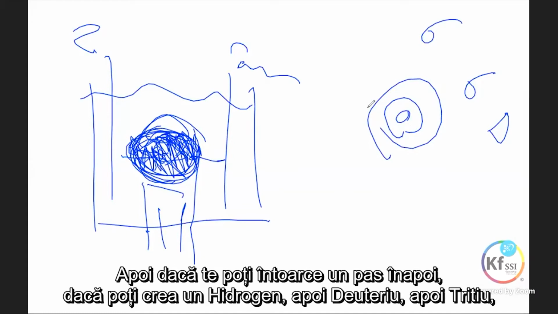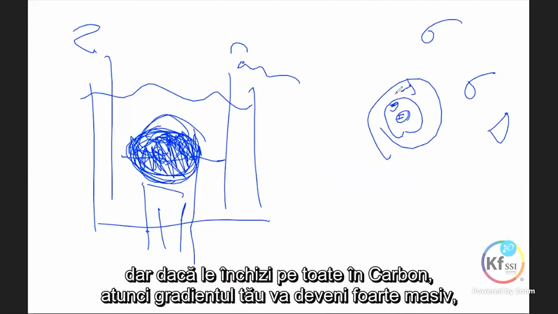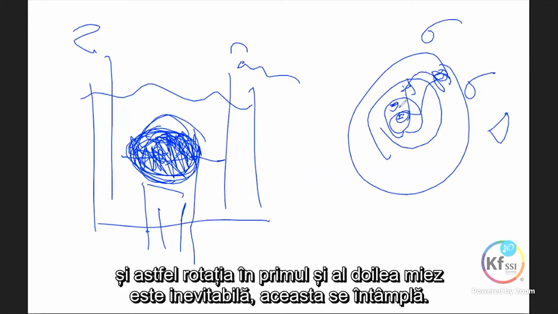And then if you go a step back on it, if you can create a hydrogen, and then you create a deuterium and you can correct it, tritium. But if you confine it within a carbon, so your gradient becomes very massive, doesn't it? The rotation in the first and the second core is inevitable.